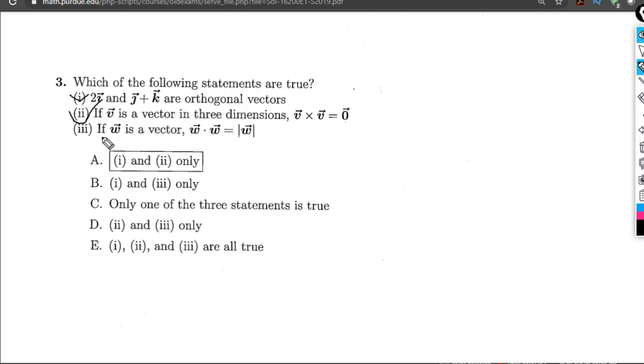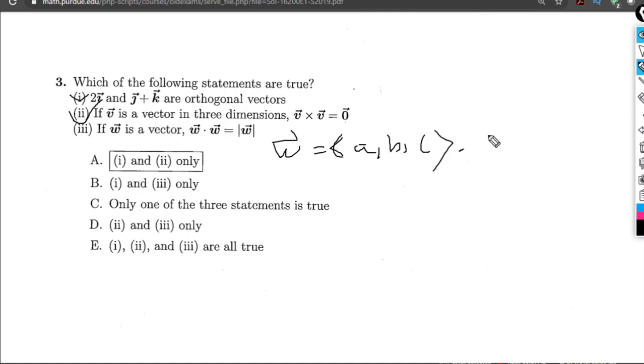And for number 3, if w is a vector, then w dot w should be the length of w. In the same way, we can say that w has the values of a, b, and c.